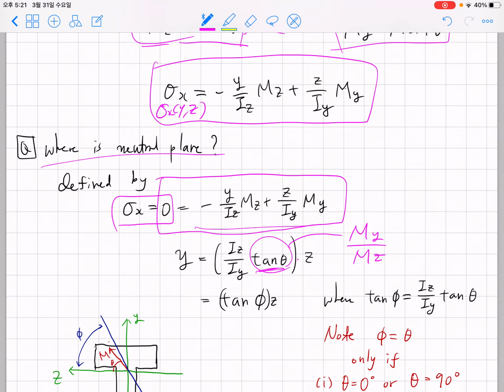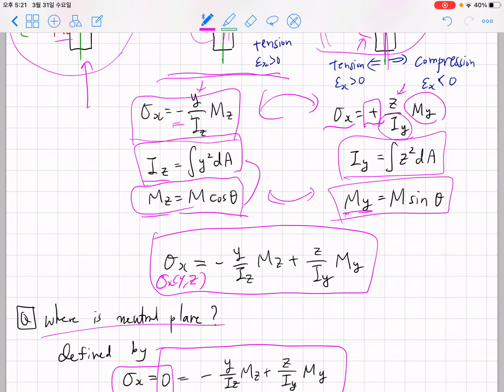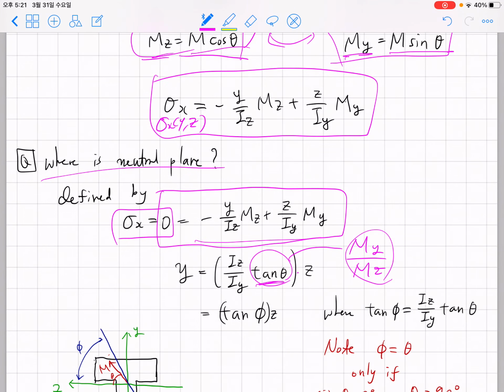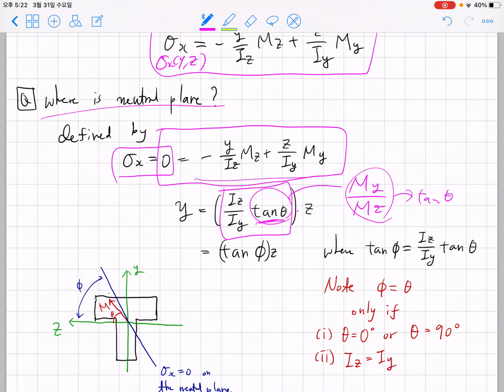And where did you get this tangent theta? My is M sine theta, Mg is M cosine theta, and that's why this ratio becomes tan theta, okay. And we call this the slope of the y equals something times z line, and let's say that this is tangent phi.